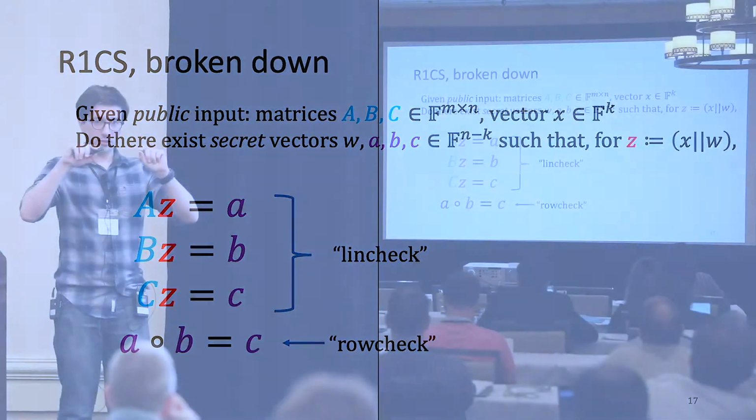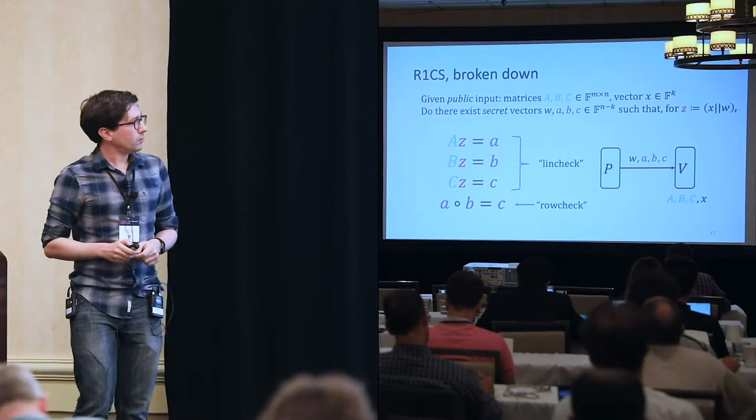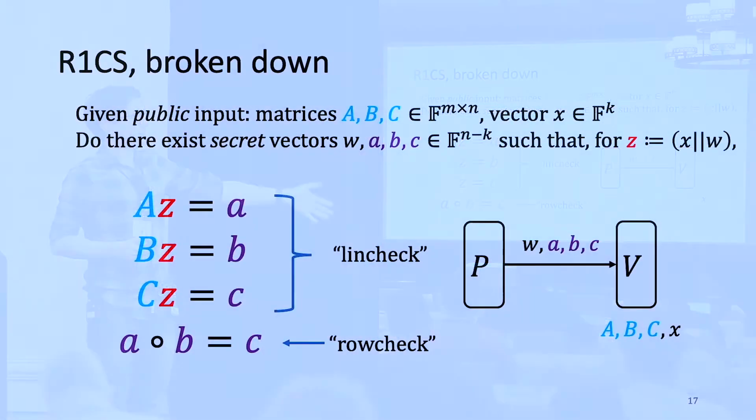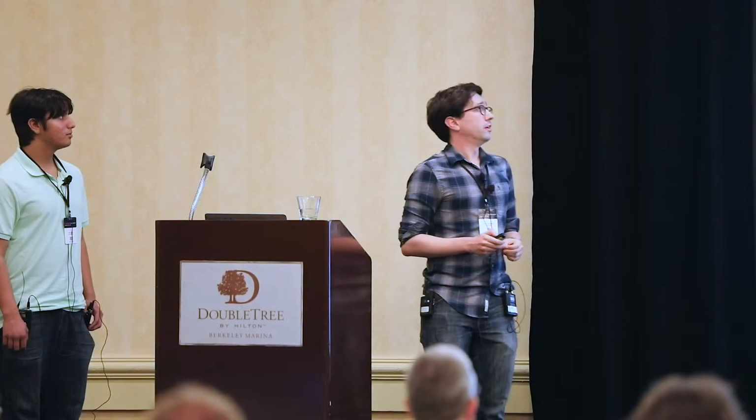So I check each element in the vector, I multiply the 2 together, and I check whether they match. Okay. And so here's an alternative, very stupid proof system for R1CS, which is I send W, and then I also send A, B, and C. And then the verifier just checks all of these properties.